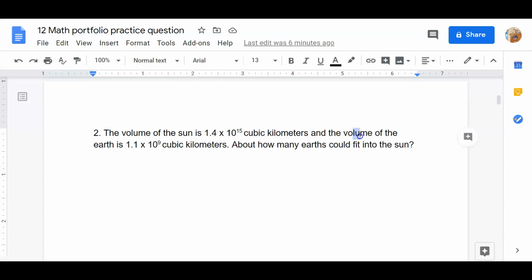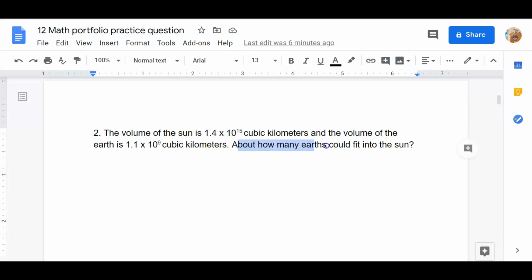And then it's going to say the size or the volume of the Earth is 1.1 times 10 to the ninth cubic kilometers. So you can see that this number is bigger. It has a bigger base here on the left. Remember, we're talking scientific notation if you don't remember. And the exponent next to 10 is higher for the sun as well. So the sun is definitely bigger.